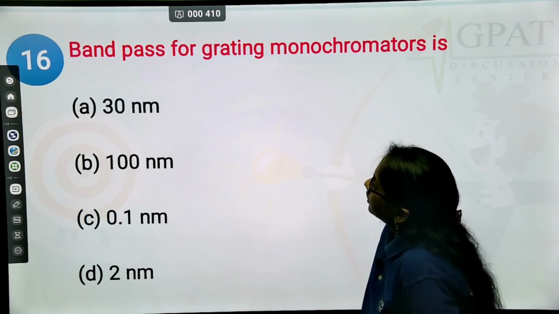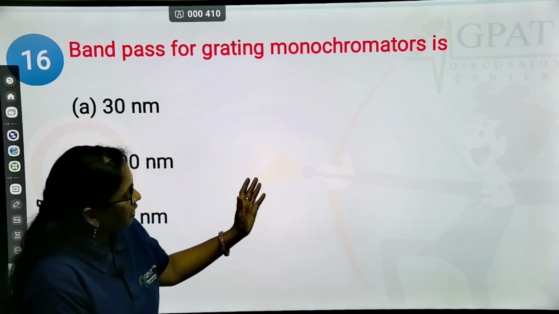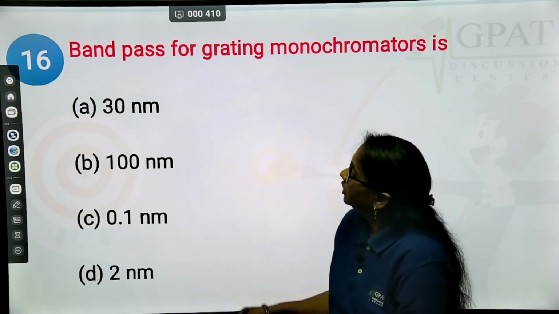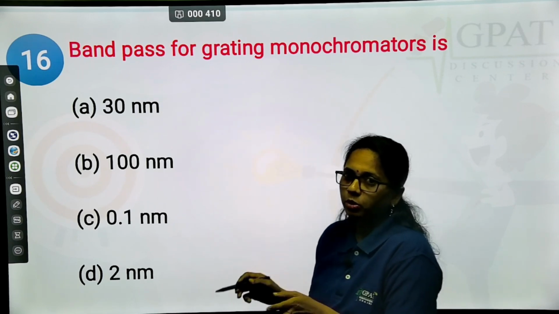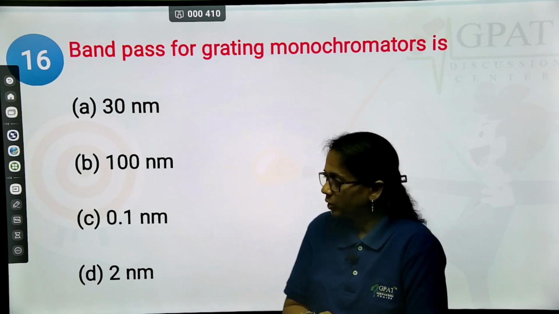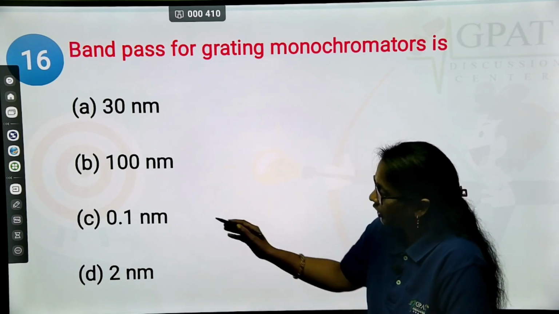Next, band pass for the grating monochromator. Previously they asked one question on band pass for the filters, that is 30 nanometer. Now they are asking band pass or bandwidth for the gratings. I told you gratings give more accurate values because the bandwidth is very small, 0.1 nanometer.